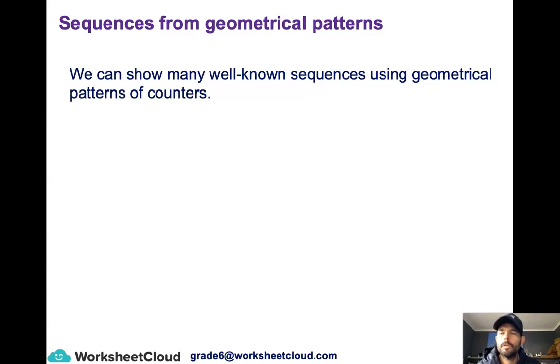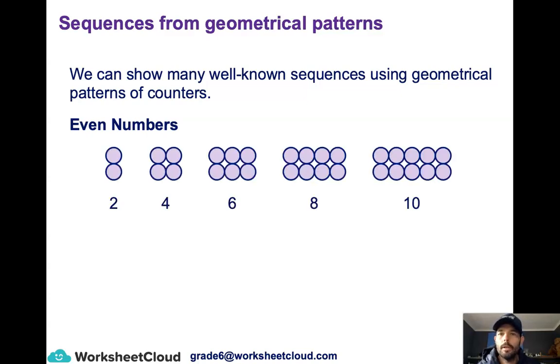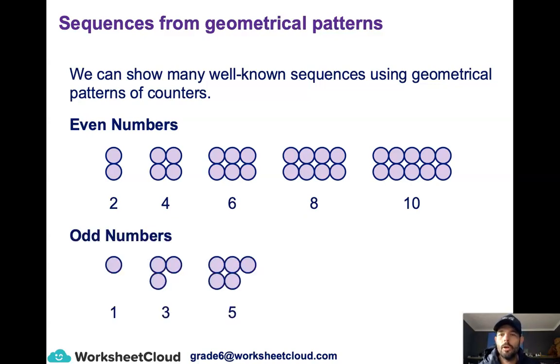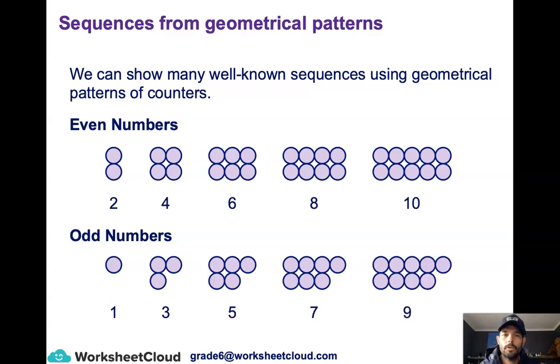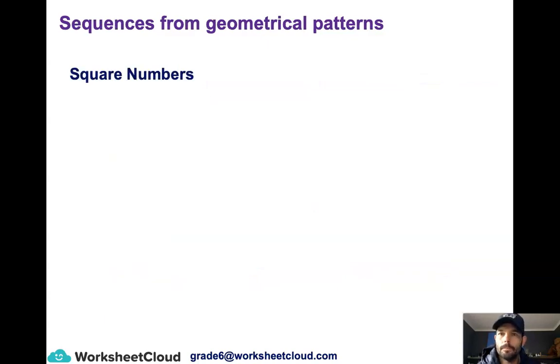So the first set we're going to look at is geometrical patterns. We can show many well-known sequences using patterns. Okay, so even numbers we can show using something like what's on the screen at the moment. We can use geometrical patterns to show odd numbers, as seen on the screen, and that just sometimes makes it a little bit easier for us to understand how those numbers are growing.